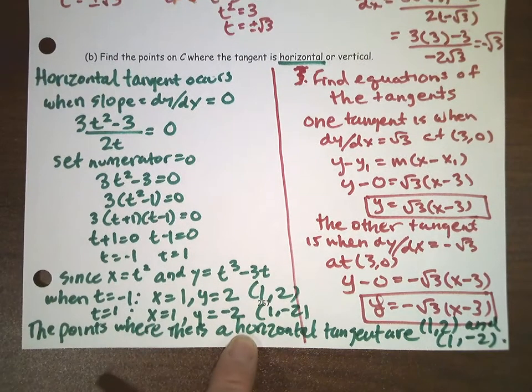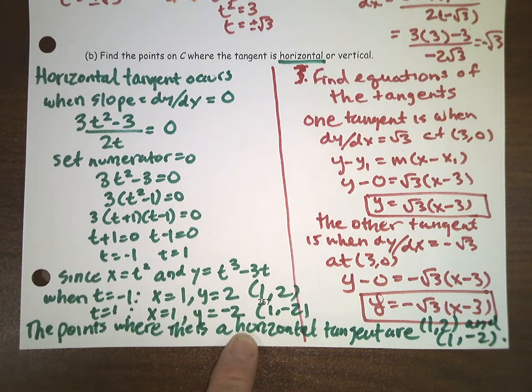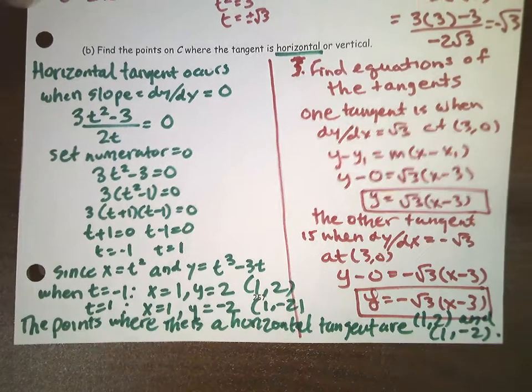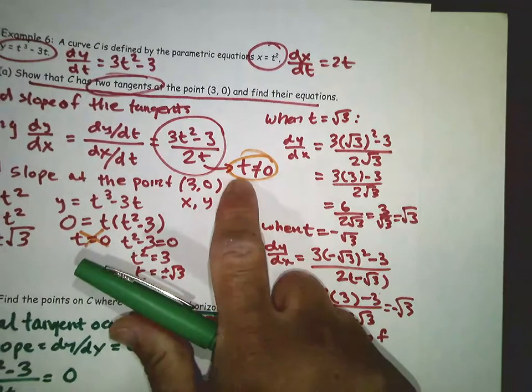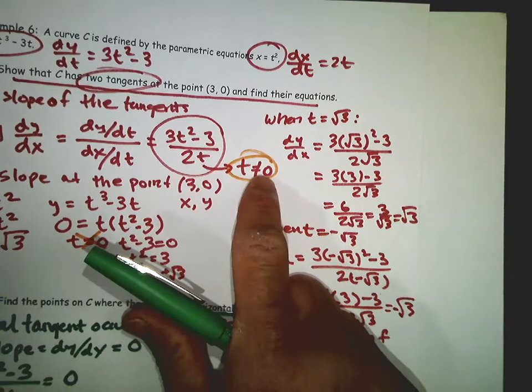So now we need to move on and find the points on C where the tangent is vertical. You might remember that I already did this because I said that t could not be equal to 0 here, but we haven't found the actual point, just the t value where that would occur.